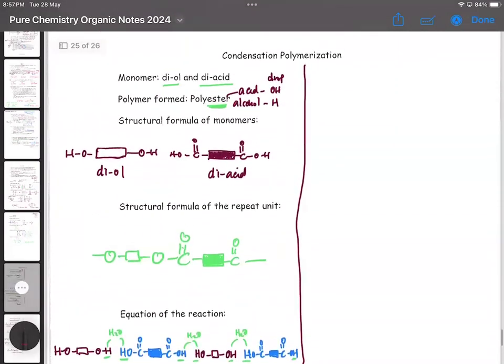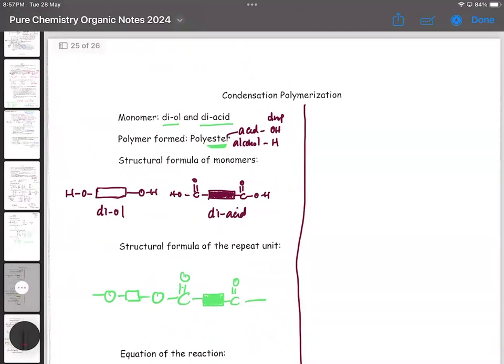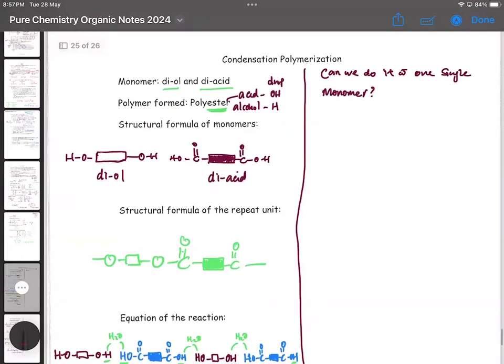Why do I ask you to draw? It's my question. Can we do it with one single monomer? And the answer, confirmed, is yes, otherwise I won't ask you to draw it. Okay, so how do we draw this with a single monomer?